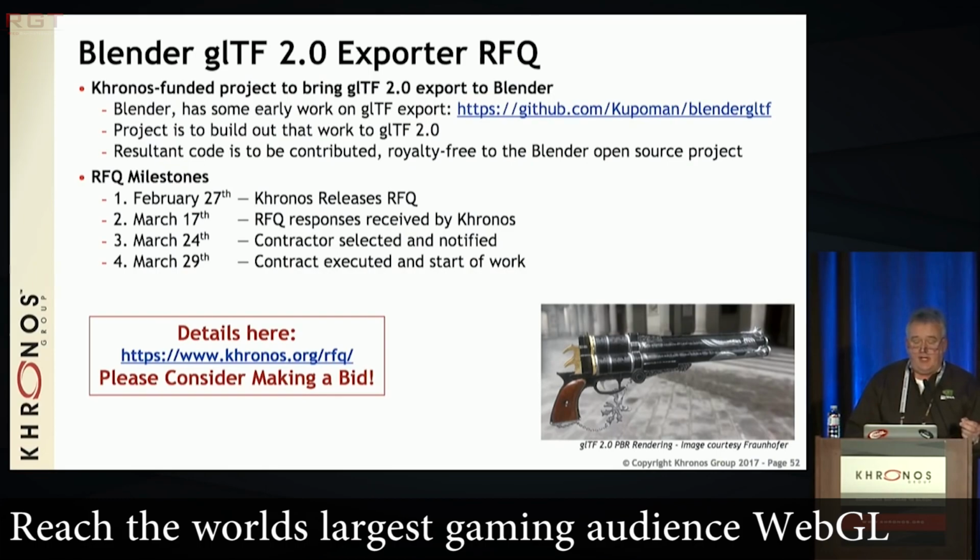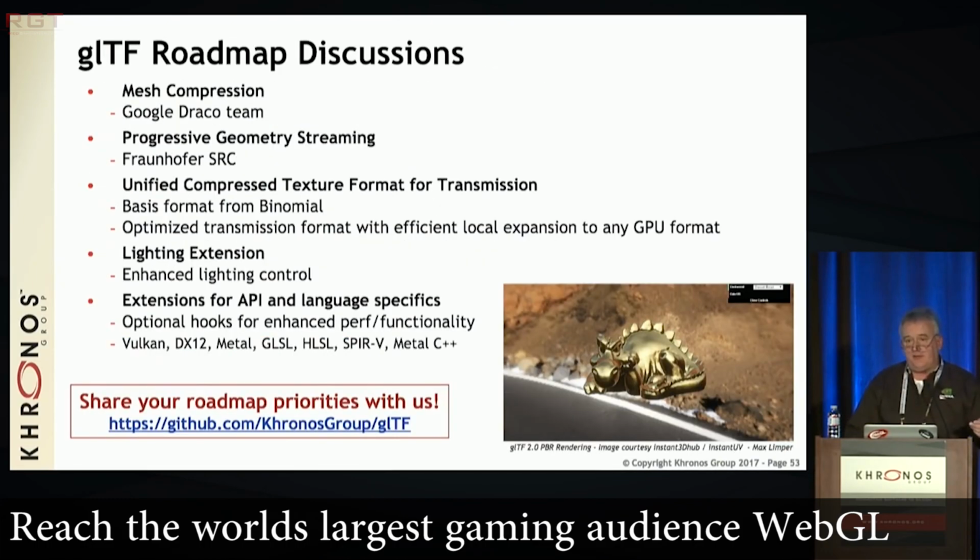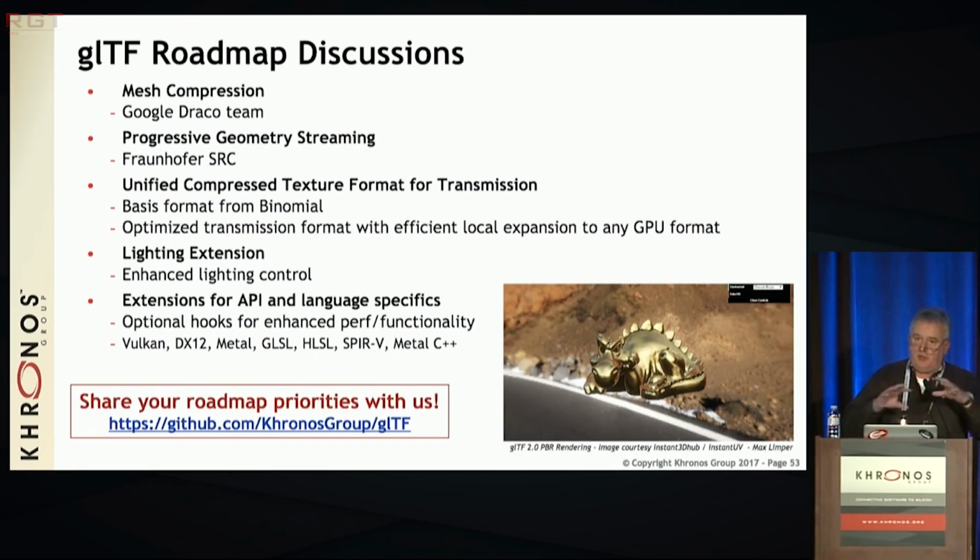So with GLTF 2, we don't use GLSL explicitly anymore. Instead, we define physically based rendered materials. That means we can get better quality, and we're API independent. So we have applications as diverse as web applications with WebGL, all the way through to high-end authoring applications, and even Microsoft Office is going to be using GLTF to import 3D assets into things like PowerPoint and Word. That's actually really cool.